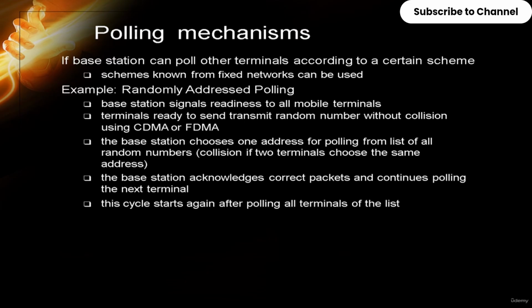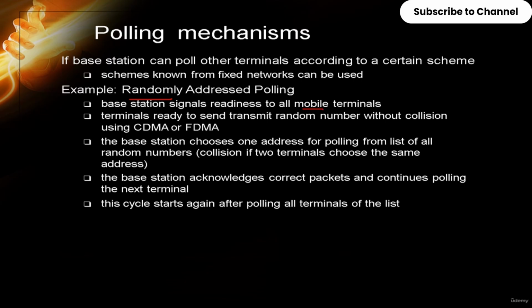One more strategy used in MACA is the polling mechanism. The polling mechanism is achieved with the help of random addressing polling. If a base station wants to poll channels for sending and receiving data, the first thing that can be done is random addressing polling. A base station signals to all mobile terminals.